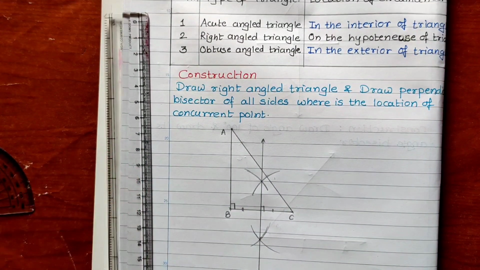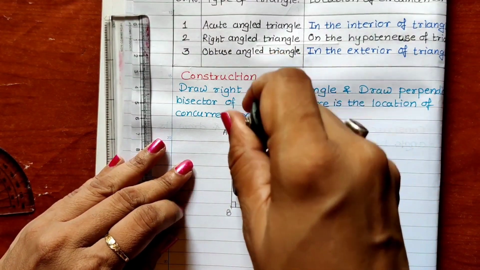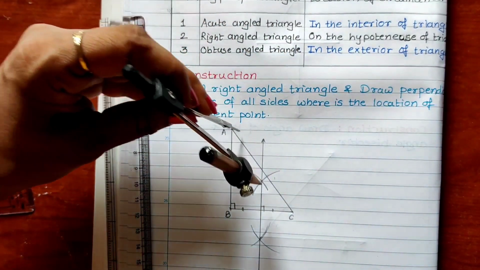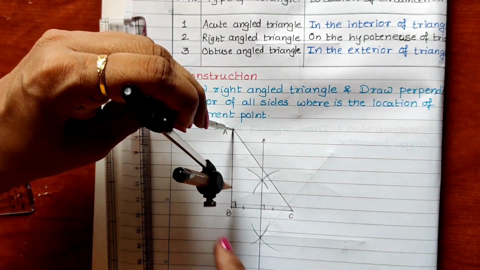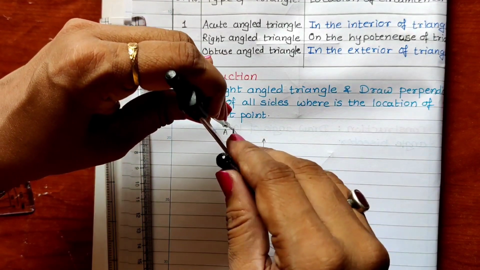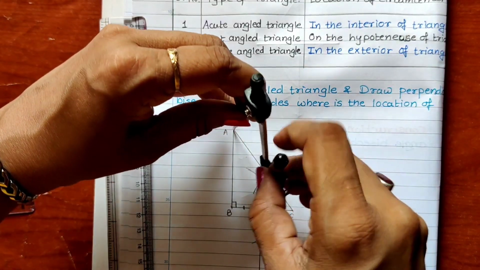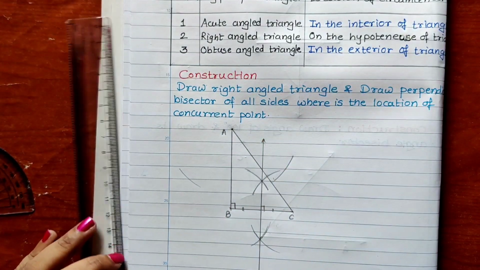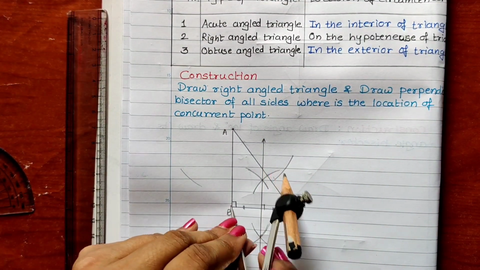Again we will be using our compass. We place it on point A, take more than half distance in the compass and draw an arc on the right side and left side from point A. Same thing we will be doing from point B, which intersects the previous arc.